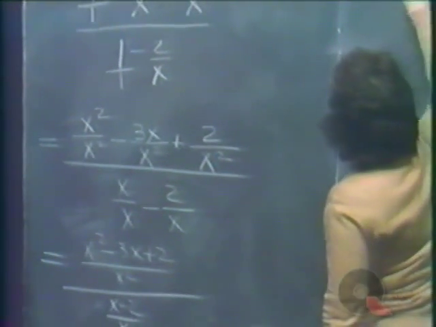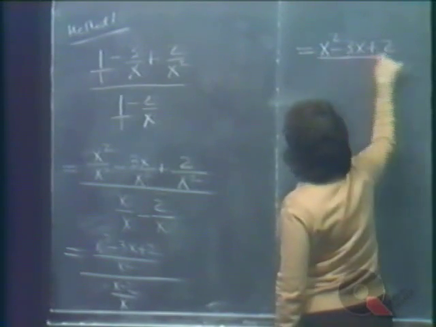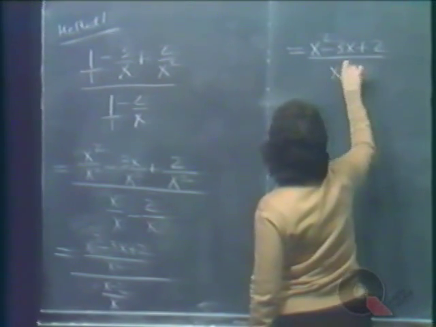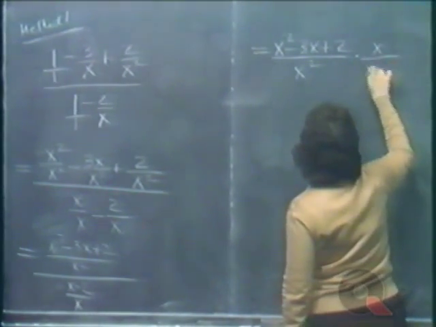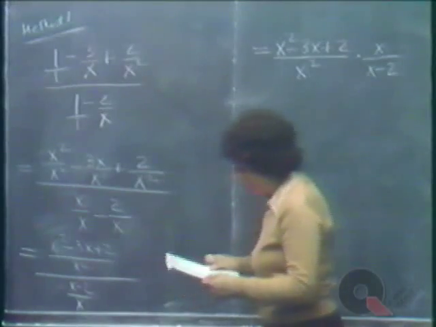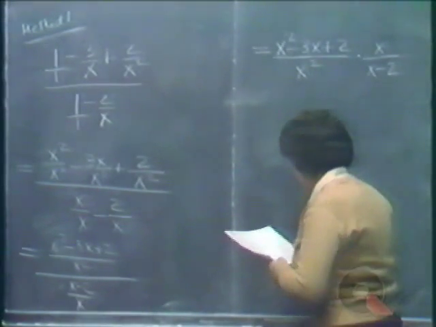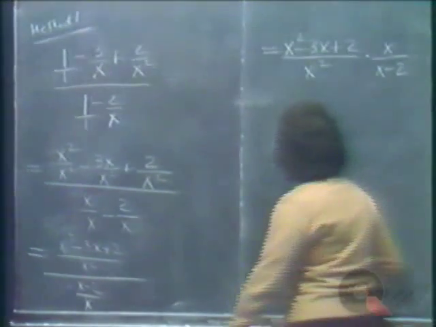So we get x squared minus 3x plus 2 over x squared times x over x minus 2. Instead of dividing by x minus 2 over x, we're inverting and multiplying by x over x minus 2. All right?